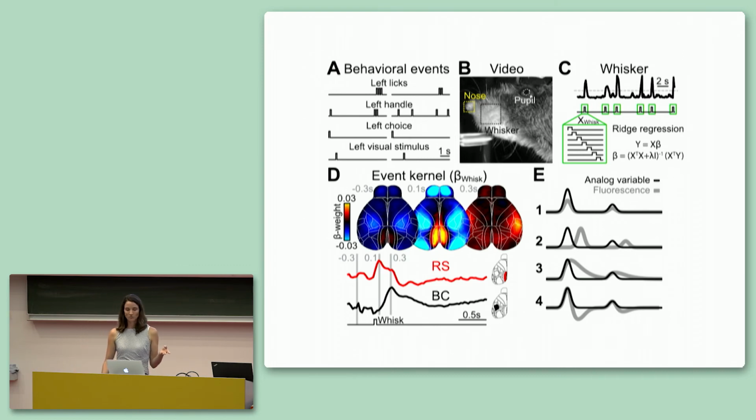Retrosplenial cortex tends to peak a little bit before the movement. Barrel cortex tends to peak a little bit after the movement. With other kinds of movements that we look at, it just depends what part of the brain you're looking at. But we can get a pretty good handle on that. We don't have the precision that we would really like because we don't have spikes, we have a calcium signal, but we can certainly begin to distinguish preparatory versus sensory consequences of the movement.